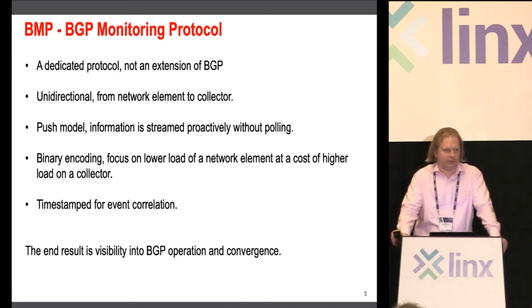It's a binary protocol, made efficient for the implementation on the generator side, on the router side, with a certain drawback that this might have a slightly higher cost on the collector side and the interpreter side, the user side. The reason for that is quite simple.